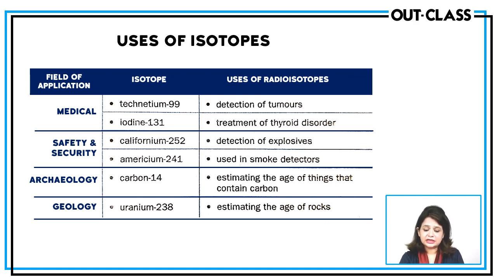For example, Technetium 99 detection of tumors में use होता है, Iodine 131 used for treatment of thyroid disorders, cancer. radiotherapy में भी Cobalt 60 use होता है. So you should just know that radioactive isotopes have many uses in medicine as well as कार्बन डेटिंग में कार्बन 14 हम यूज करते हैं to find the age of an object. ठीक है, जियोलॉजी में ये यूज होता है.